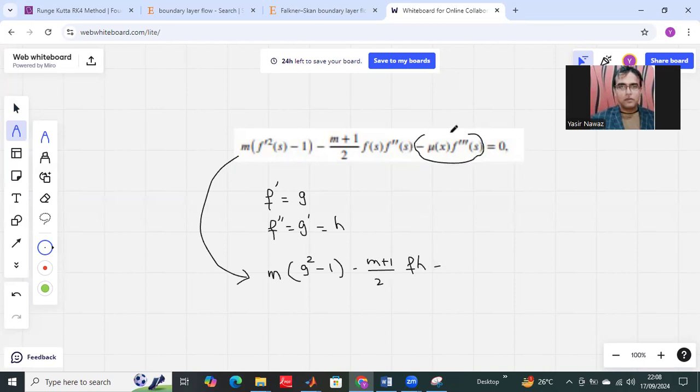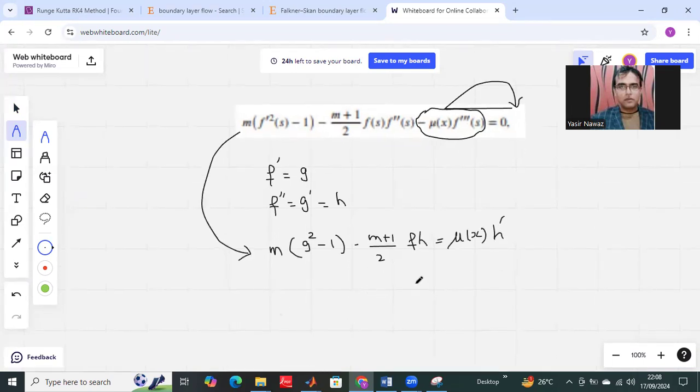So I bring this whole thing on the right hand side, that equals mu of x and h prime. The f triple prime is h prime.